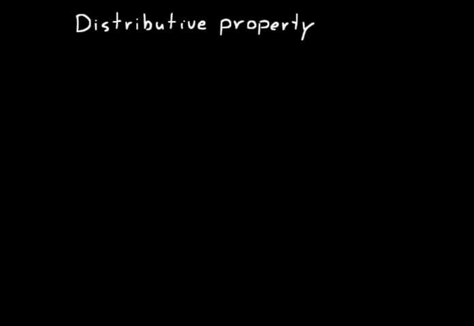You were first introduced to the distributive property back in lesson 41. And remember, there's a couple of ways you could do a multiplication problem like this one here. You could do the addition on the inside of the parentheses first and say 2 times 7 equals 14. Or you could use the distributive property.